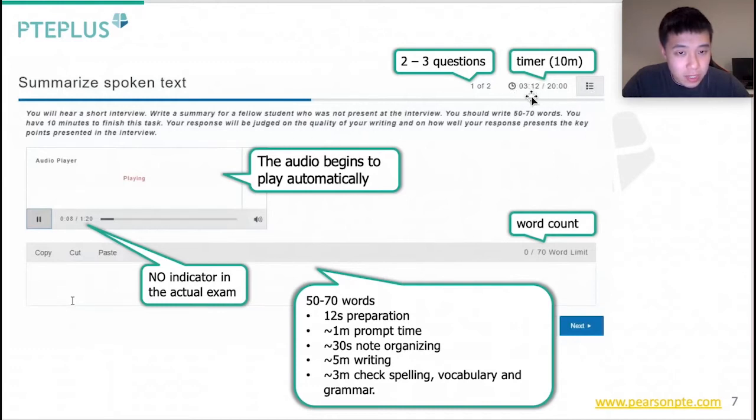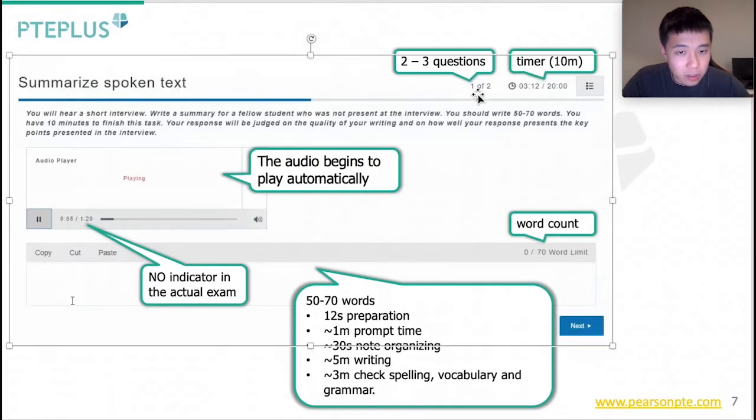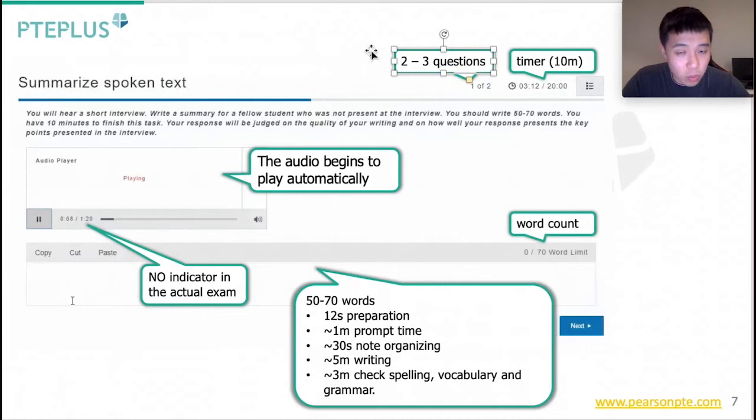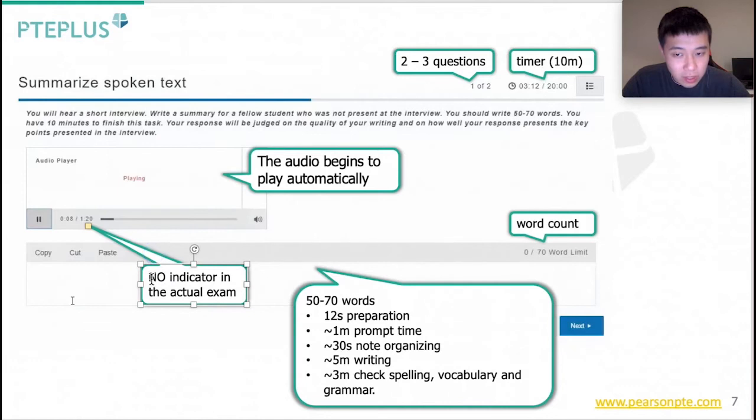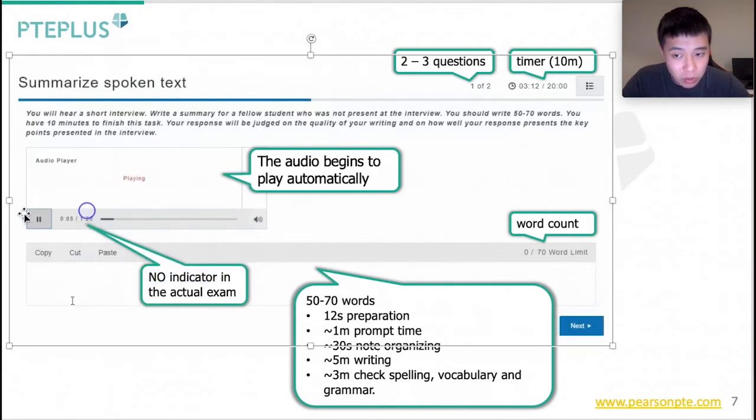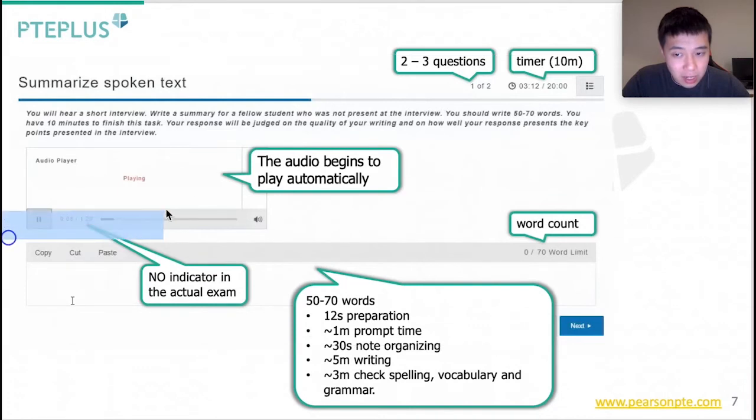So on the right hand side, we have a timer, and then in this part of the user interface, it tells you how many questions are remaining. And then there's this question prompt, but it's important to note that there will be no indicator in the actual exam, so you won't be able to see exactly how much time is left.